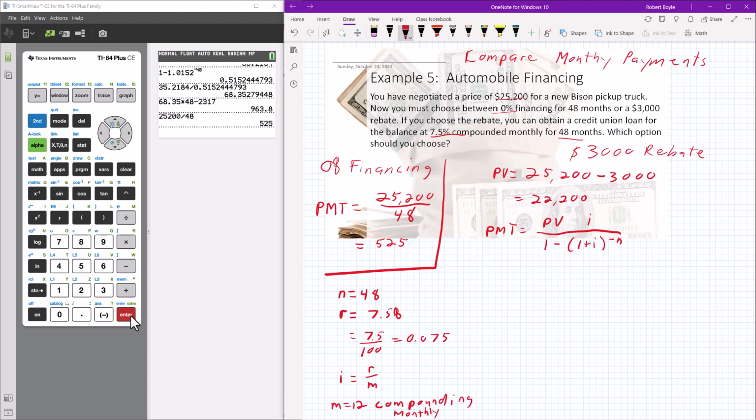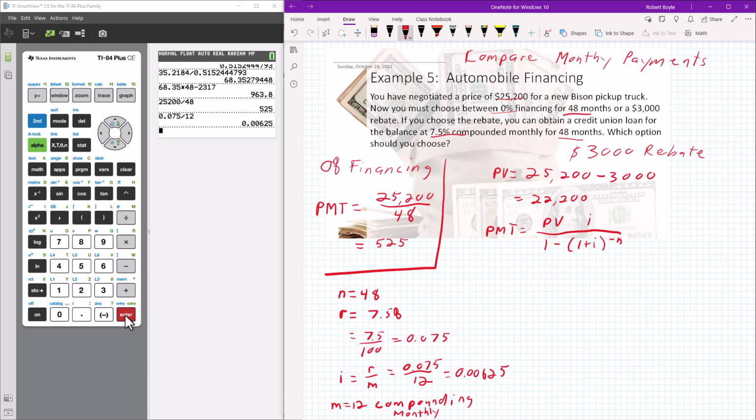So here we will have 0.075 divided by 12, and that is 0.00625.